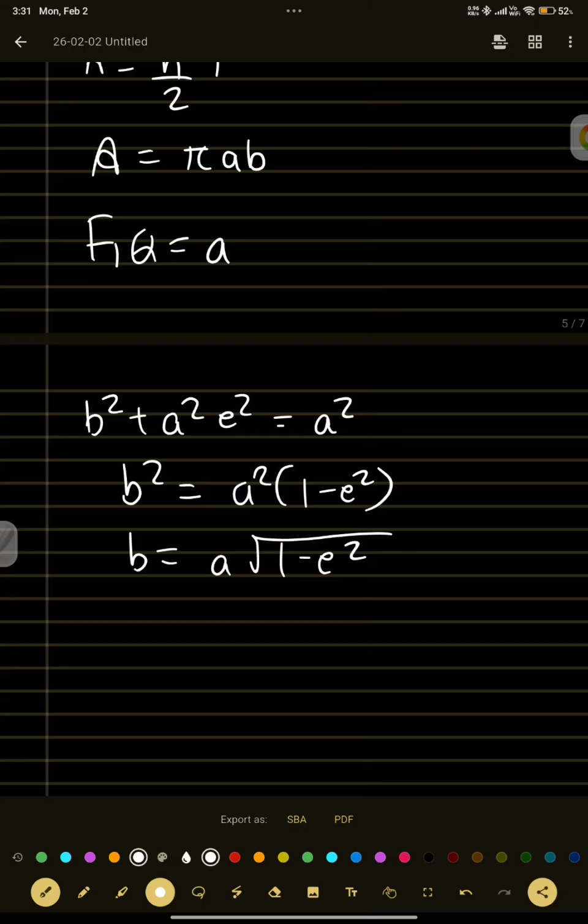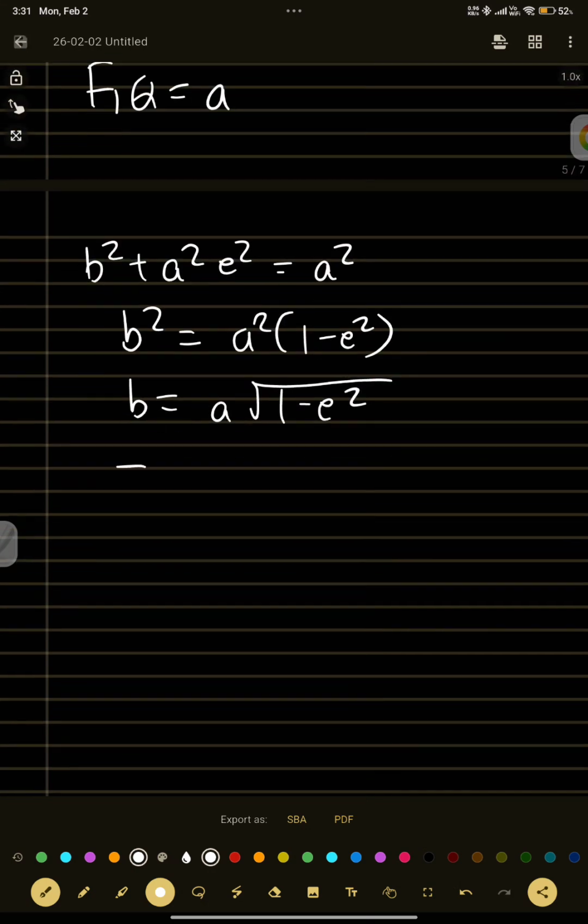So your time period coming back here is 2 pi a b by h. Now what you do is you replace the expression of h, use this expression.